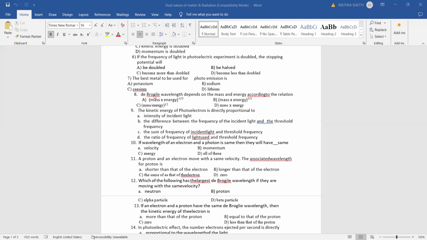Yes, option C is the correct answer. That is, cesium is the correct answer. Go for question number 8.